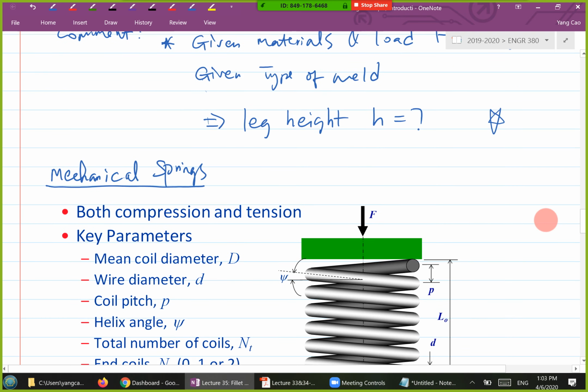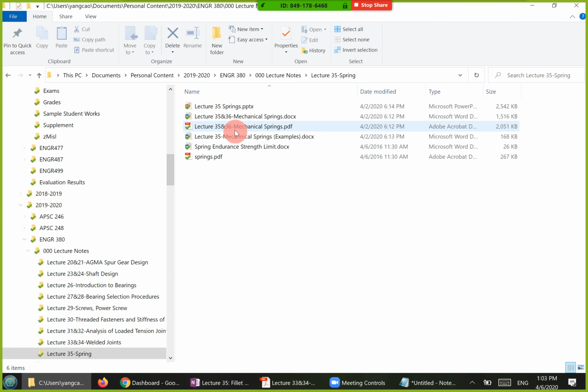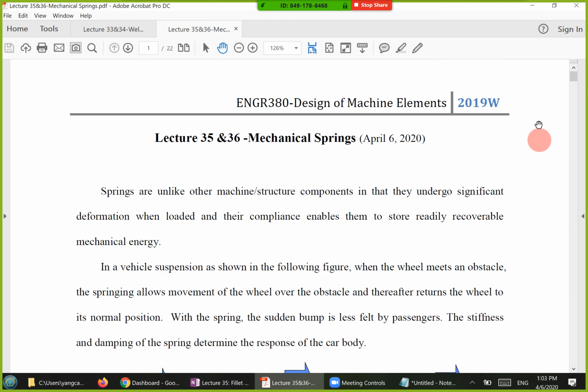All right, let's continue on to the mechanical spring. Spring is a very important mechanical component, and you have seen it in many different applications. I do have a few pictures I want to show you here.